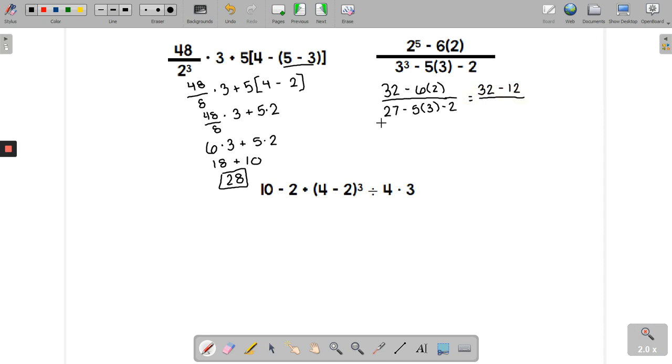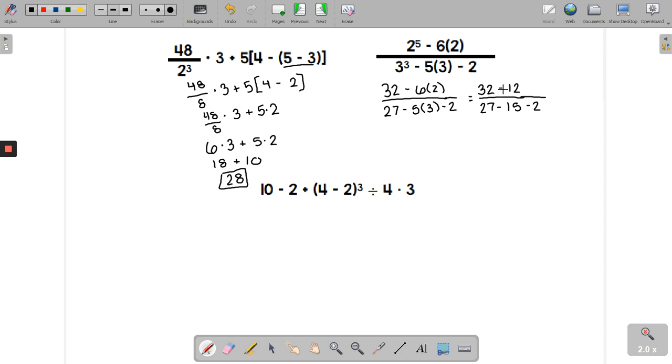And then let's look at the denominator. We have subtraction, multiplication, and subtraction. So we need to focus on the multiplication here. So we're going to do 5 times 3, and that is 15. And then looking at our numerator, we just have subtraction.